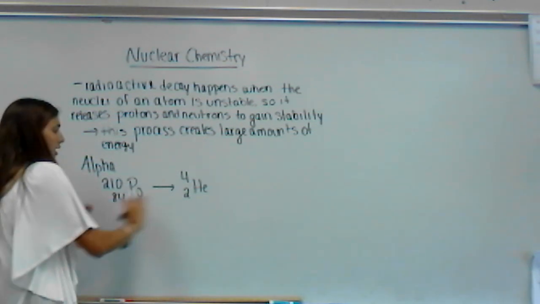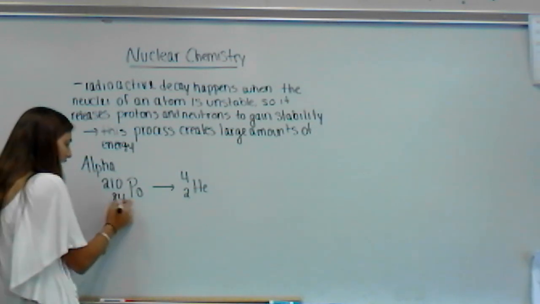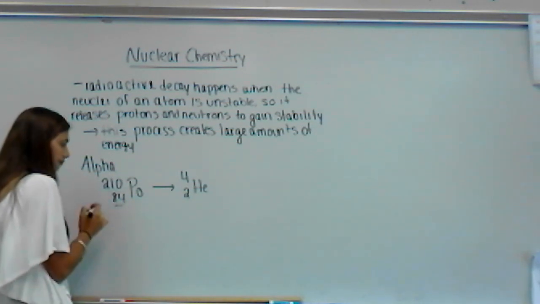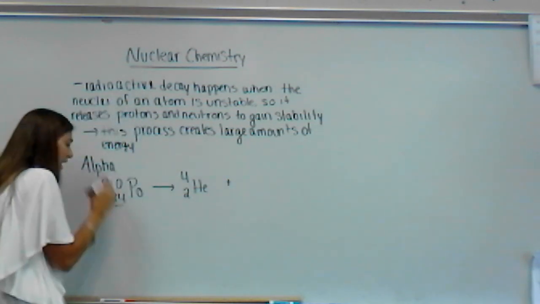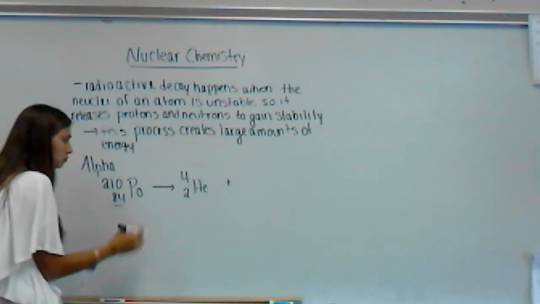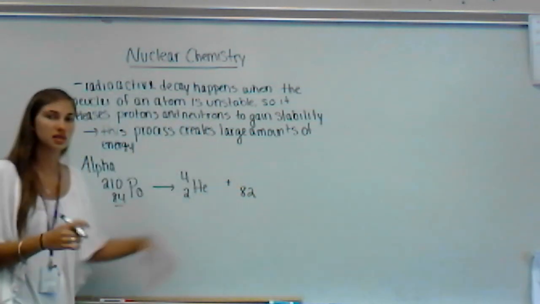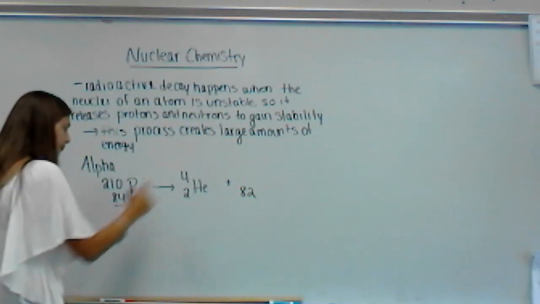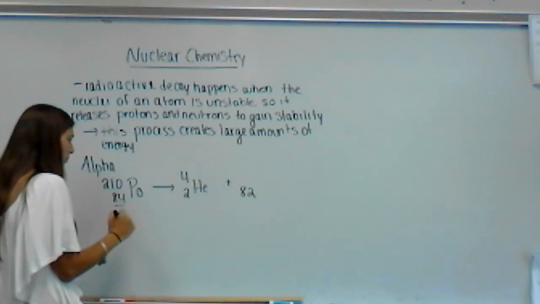So in order to do that, we know that our protons and our mass number have to be equal. So we're starting off with 84 on our reactant side. So we have to say 84 minus 2 equals 82. That's going to be the number of protons of our additional nuclei. Now we have to figure out the mass number, so we have 210 minus 4.